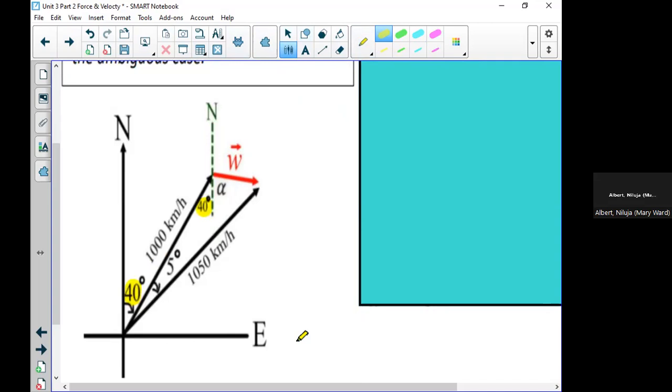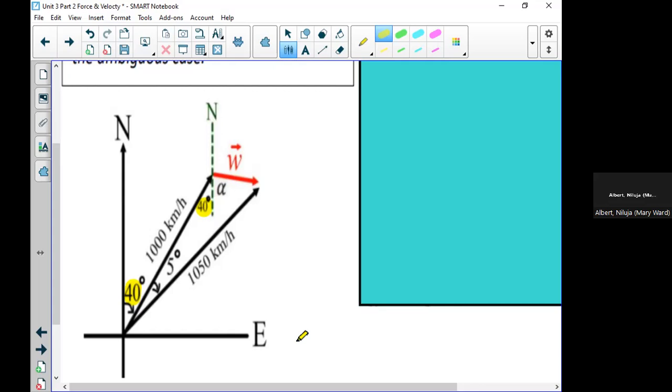Since the north lines are parallel, if I connect them with a straight line, then those 2 angles are going to be equal. So we can conclude that right away, just from the fact that those north lines are parallel. Which means I really only need to calculate this angle alpha, which we've labeled, and then I can give that a quadrant bearing since it's being rotated about that north line there.